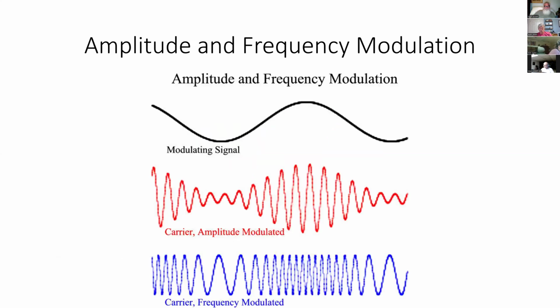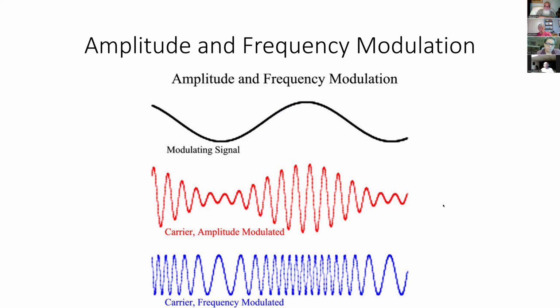Very briefly, amplitude and frequency modulation, I'll illustrate here. If you have a carrier, amplitude modulation varies the strength of the carrier. And you can see in this red trace in the middle, the carrier, which are sine waves at a higher frequency, and the strength is modulated by this low frequency modulating signal.